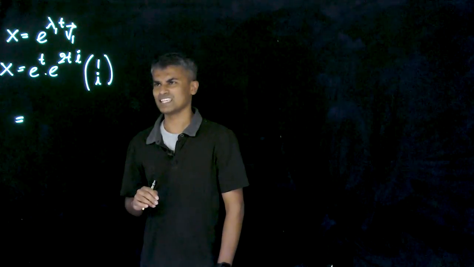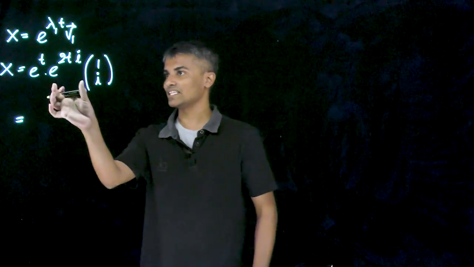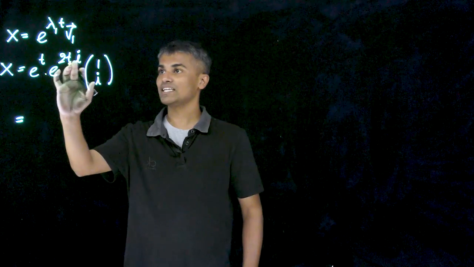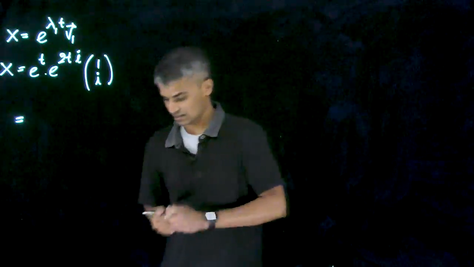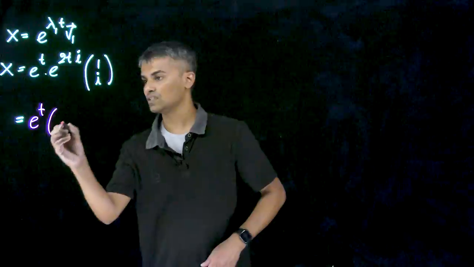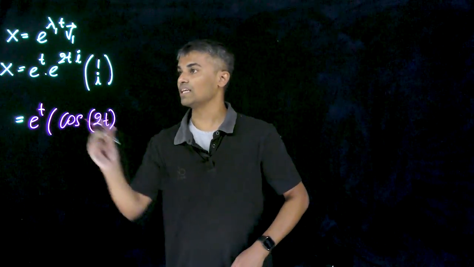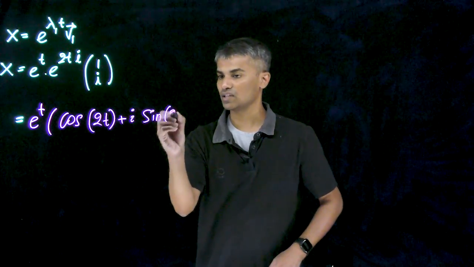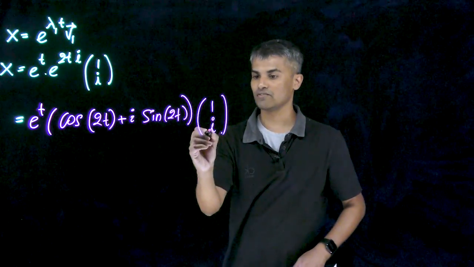I think we went over this in pre-calculus, but basically Euler's equation says we can write this e to the 2t times i in terms of cosine and sine, and in this case it should be e to the t times, first we have the cosine 2t plus i times sine 2t. Then we have this eigenvector (1, i).